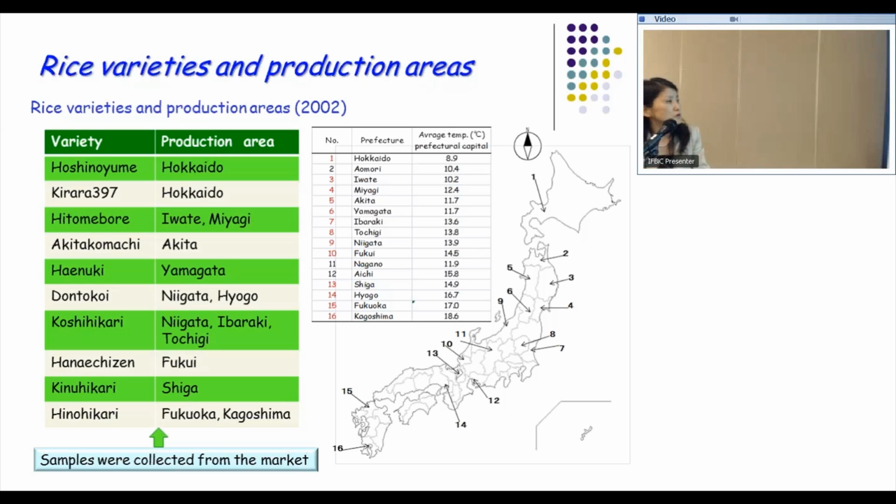Also, in addition to it, the climate changes every year, and the fertilizer application may be different from one farmer to another. So we actually purchased soy and rice samples which were distributed in the Japanese market.